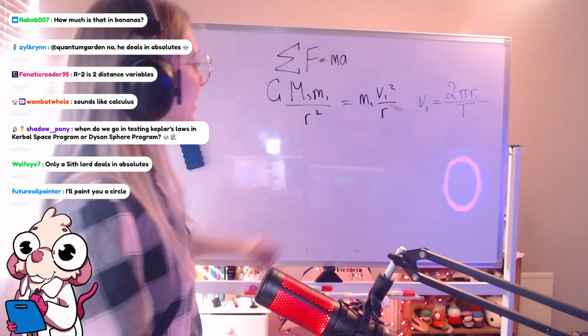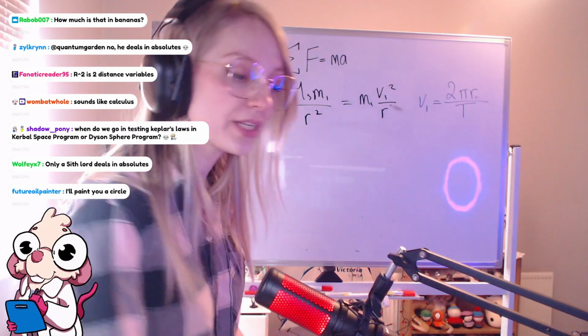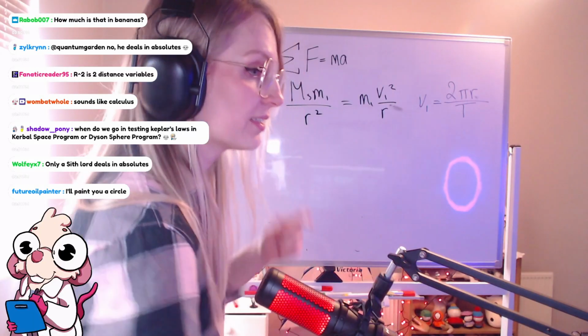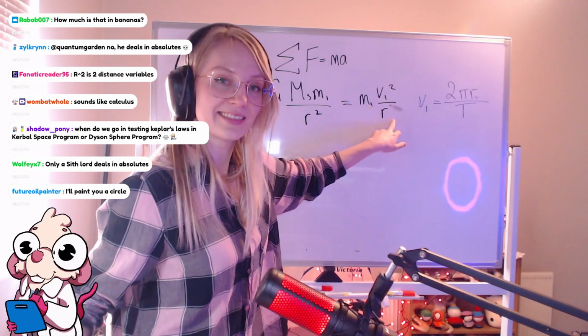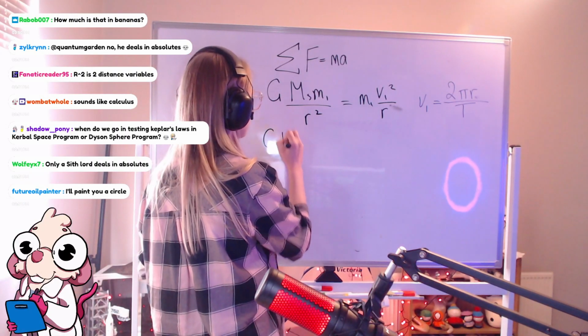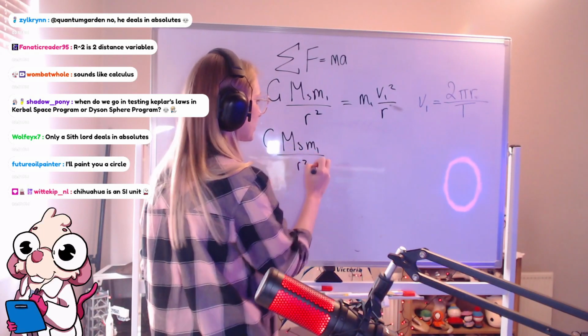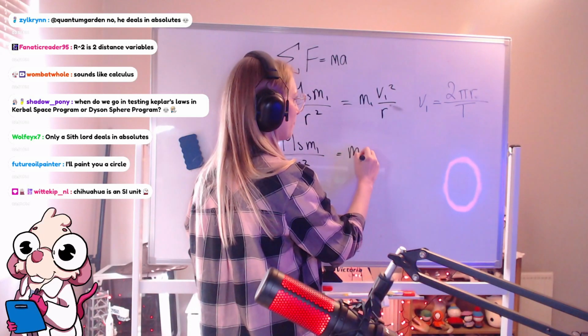Anywho, we now have an expression for the velocity. What we can do is sub in that expression of velocity in here. So let's rewrite that equation. G times mass of the sun times mass of our planet all over r squared is equal to m1.